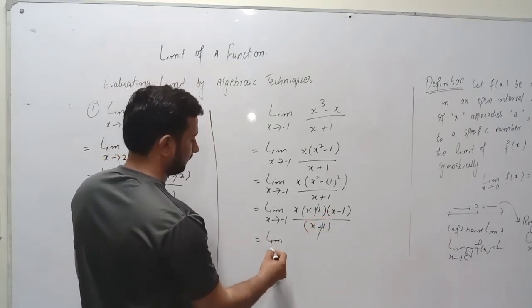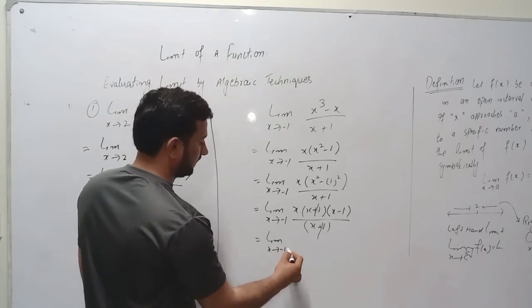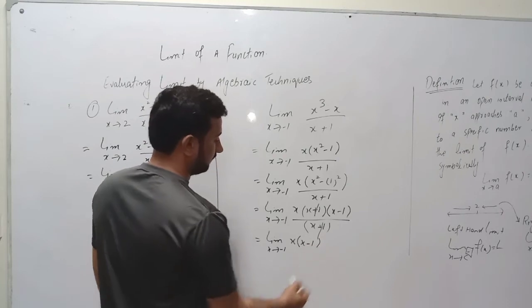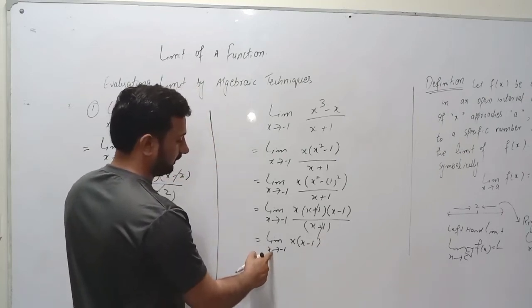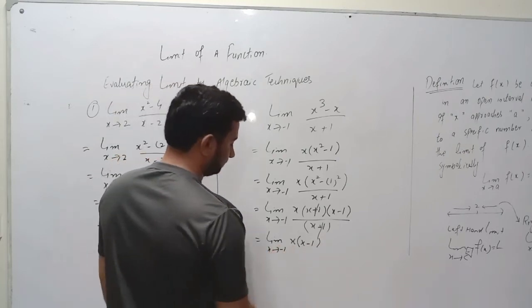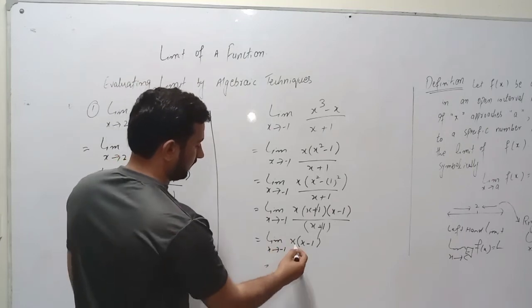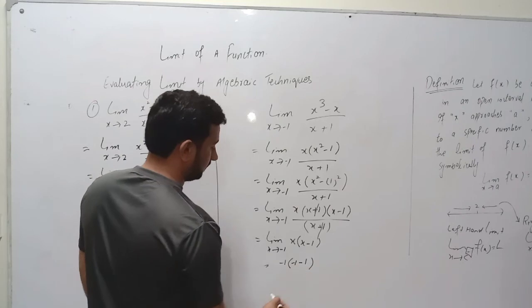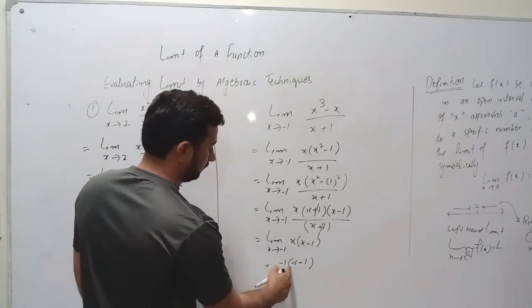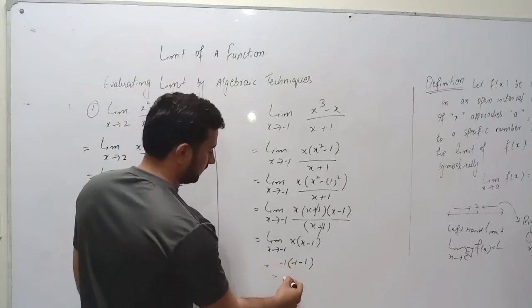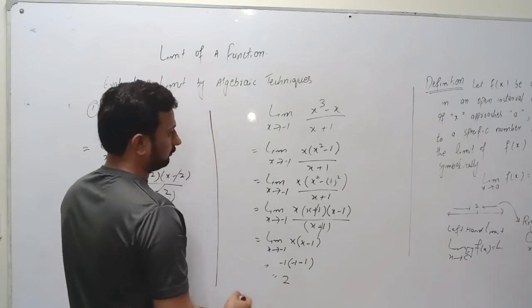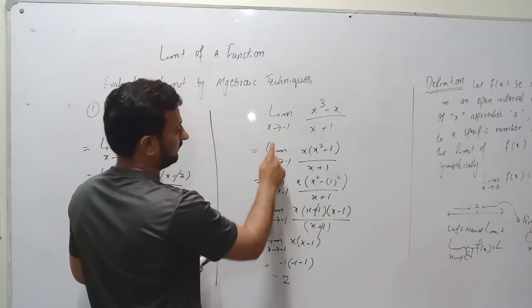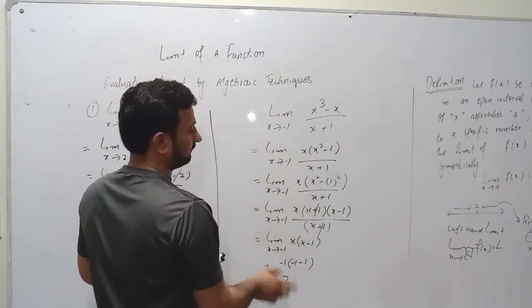So limit as x approaches negative 1 of x times x minus 1. Let's substitute x equals minus 1 here: minus 1 times minus 1 minus 1. This is minus 2, multiplied by minus 1, which gives us 2. So this function approaches 2 when x approaches minus 1.